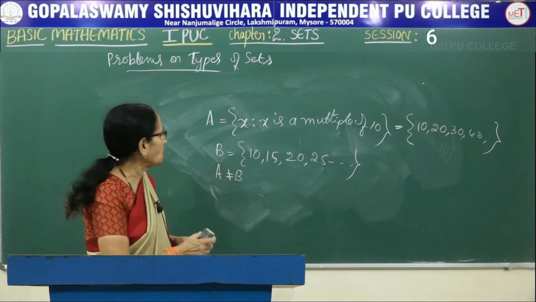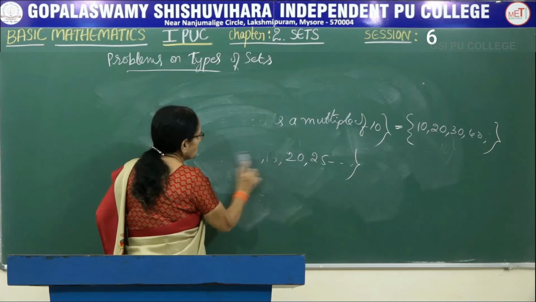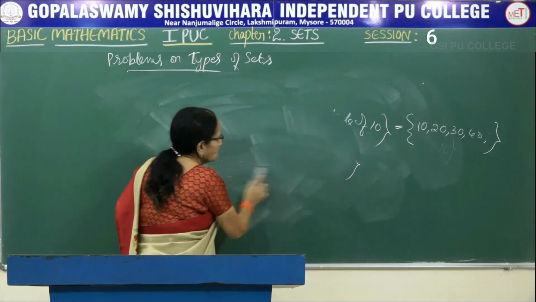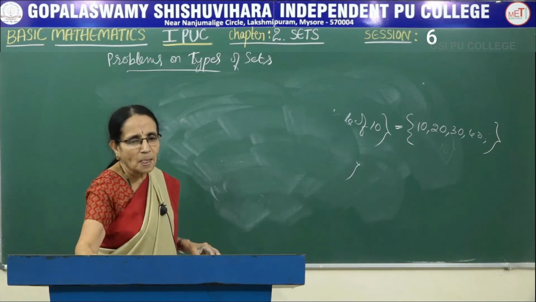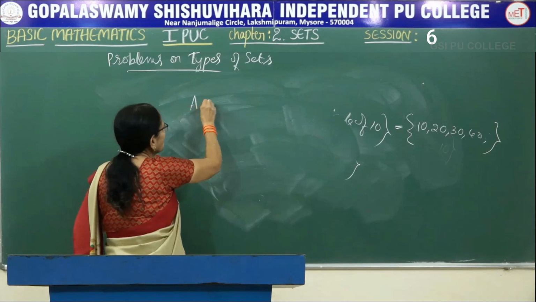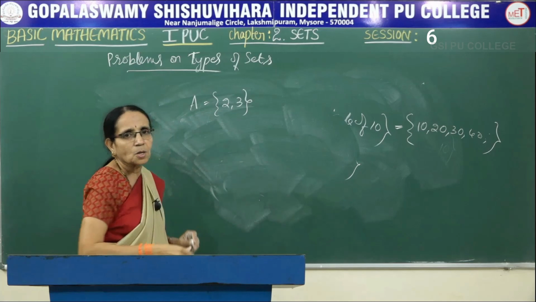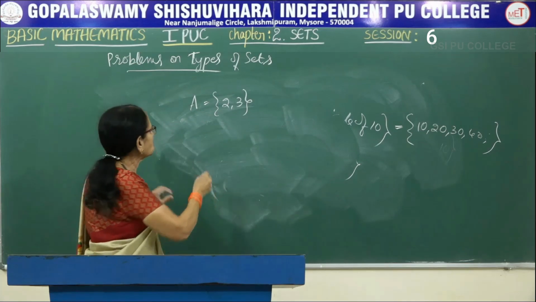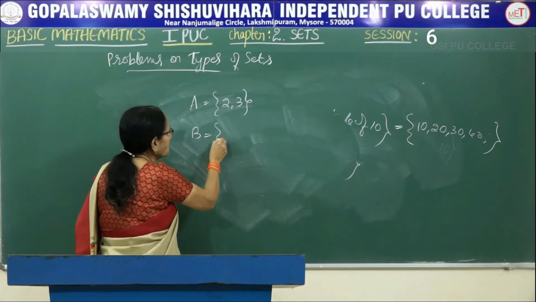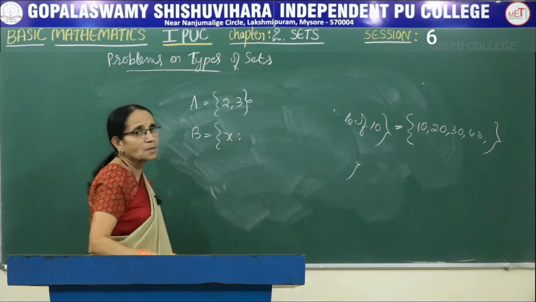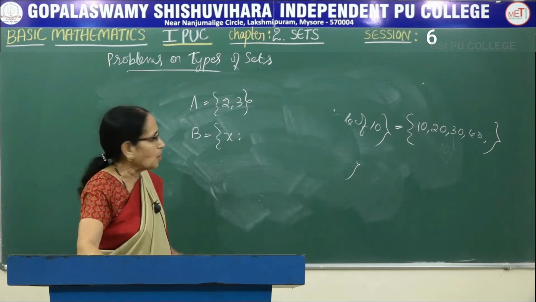Now, one more problem and I will be concluding the session here. Now, the next problem: the set A contains only 2 elements, 2 and 3. Now, set B, I am representing in the set builder form.